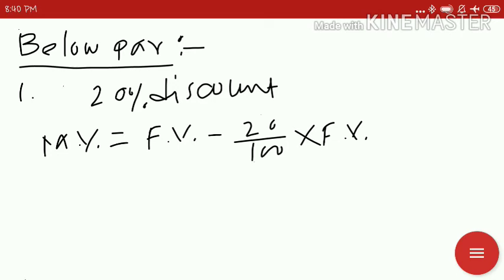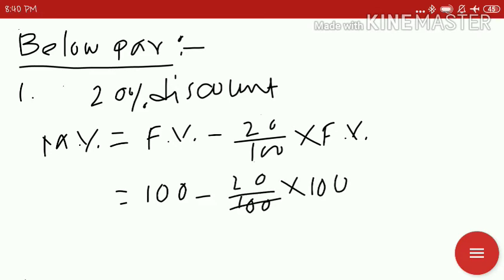The same formula, but the change is that the plus will become the minus. So 100 minus 20 by 100 into 100, cancel them and you will get rupees 80. Okay, so these are the above par, below par and at par.